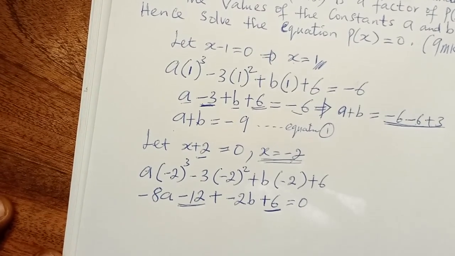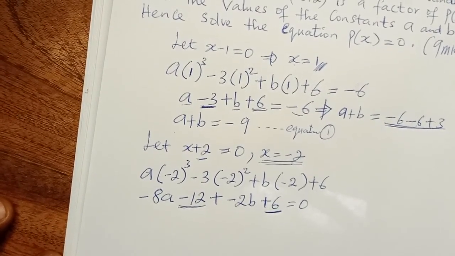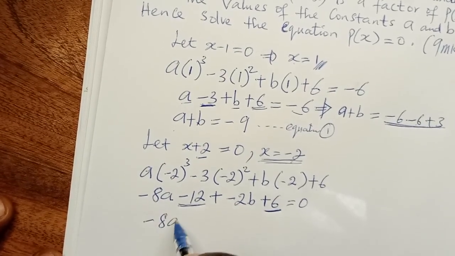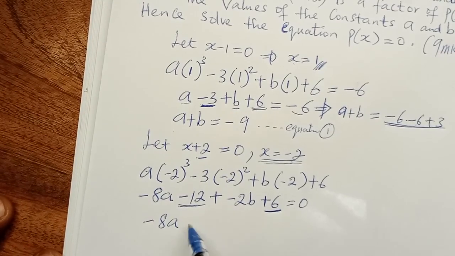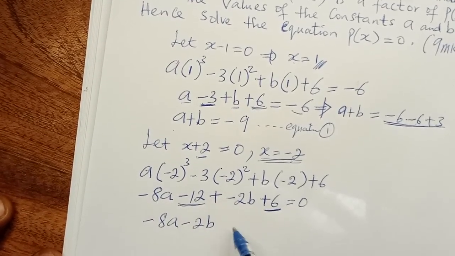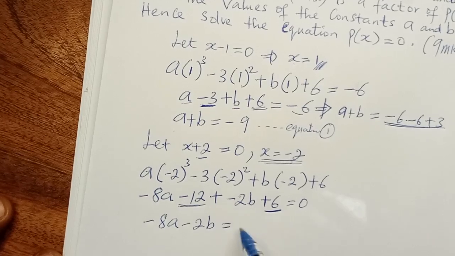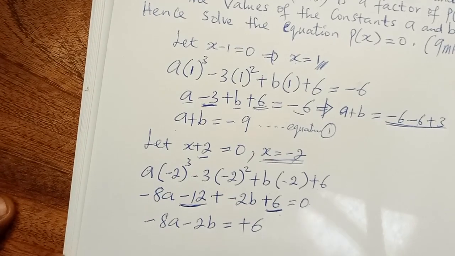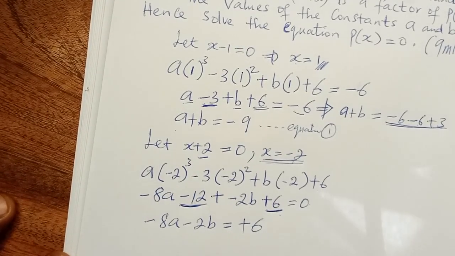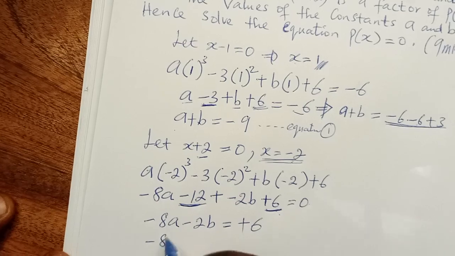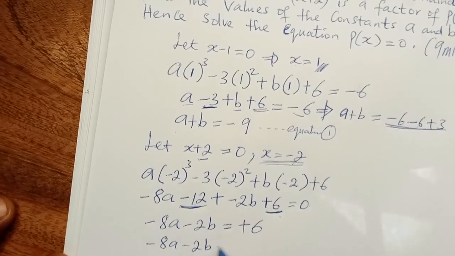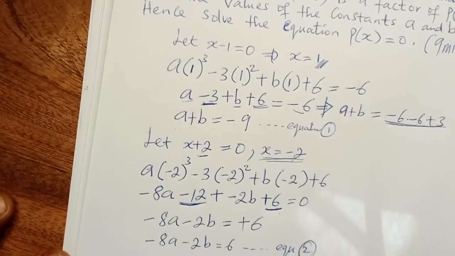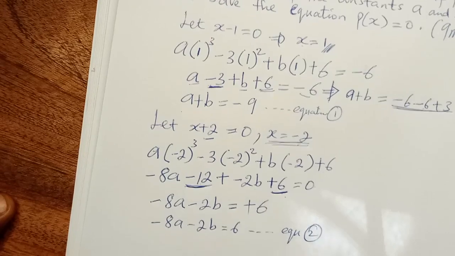If we carry minus 6 to the right hand side, it is going to give us plus 6. So we have minus 8a minus 2b is equal to plus 6, which is still the same as minus 8a minus 2b is equal to 6. We are going to say that this is equation 2.